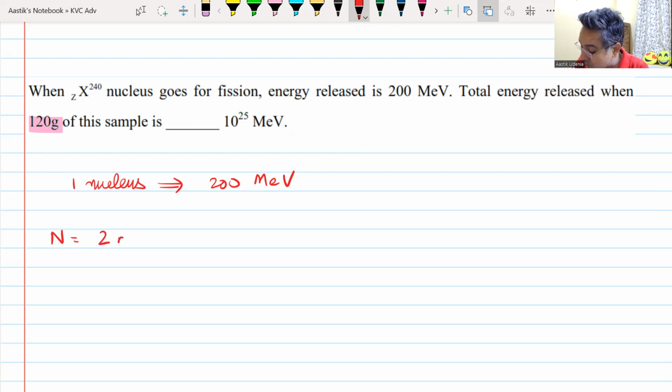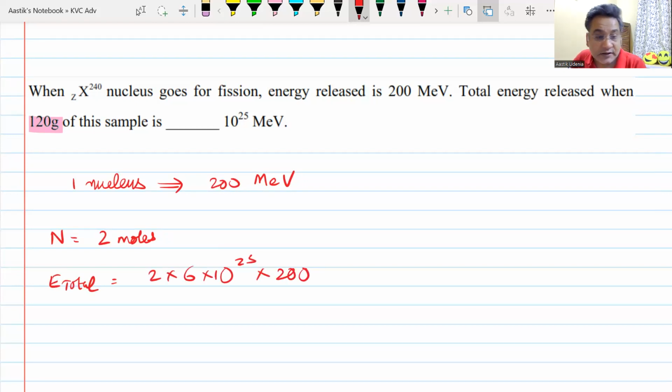So the number of moles is 2. So the number of nuclei will be 2 into Avogadro number. So the total energy will be 2 into Avogadro number. You can take Avogadro number as 6 into 10 raised to the power 23 multiplied by 200. The number of moles is not 2, it is 1 by 2.